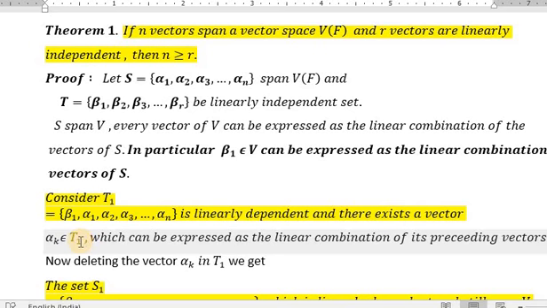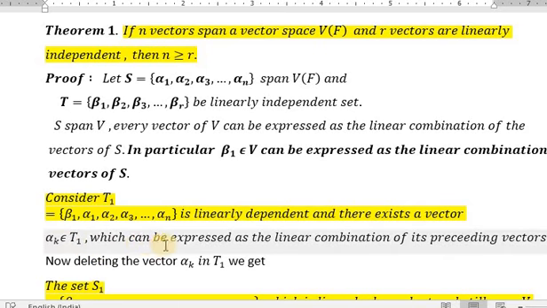When alpha k belongs to T1, since it is linearly dependent, we also know that it can be expressed as a linear combination of its preceding vectors. We know that the vector alpha k is a linear combination of its preceding vectors.